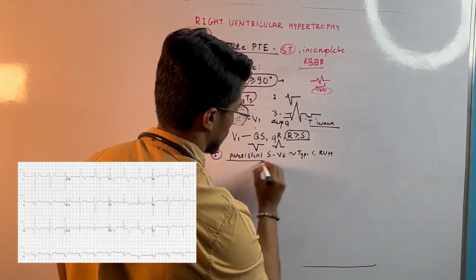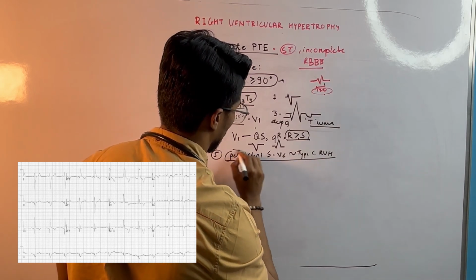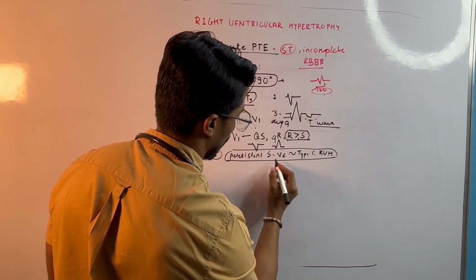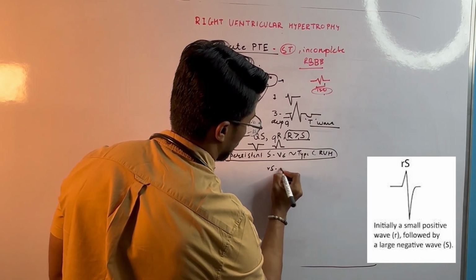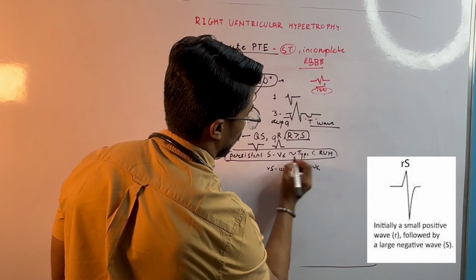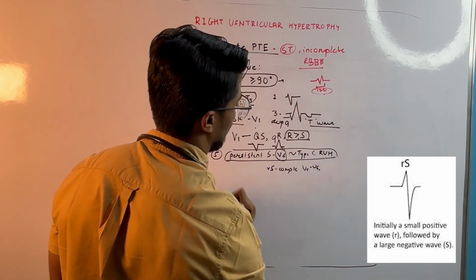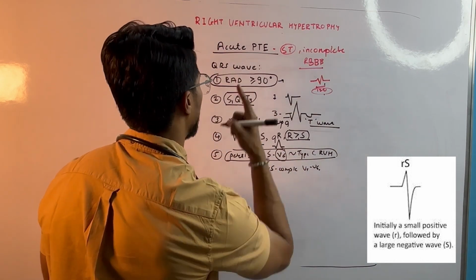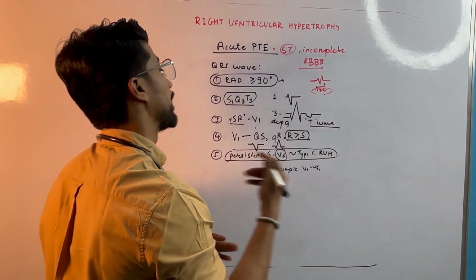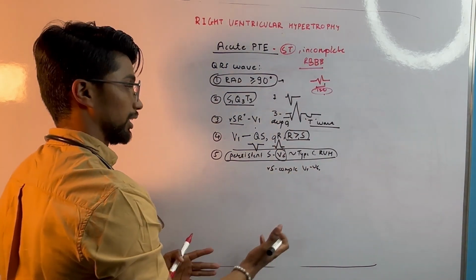So persistent S wave, just like your type C RVH, because of cor pulmonale, there can be persistent S waves or small RS complexes from lead V1 to V6, and this persists in lead V6 even after resolution of PTE. So these are some of the common basic changes that you might expect in the ECG.